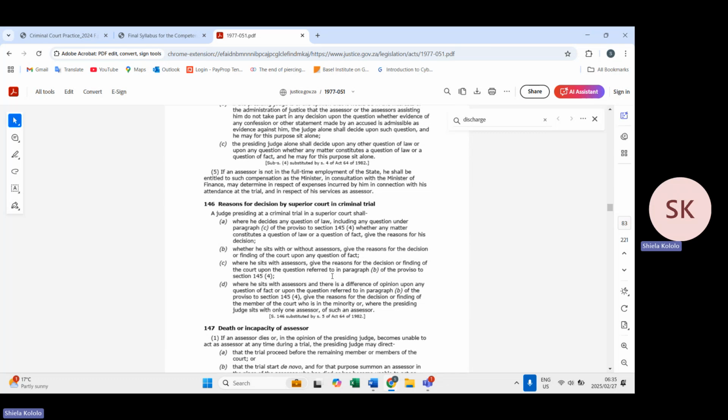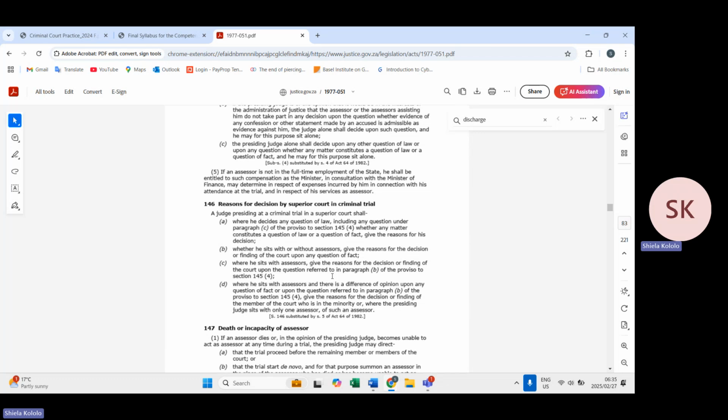This includes making decisions on questions of law, such as whether certain evidence can be admitted. When it comes to factual matters, the judge obviously has to work with the assessors to determine the verdict. But in some situations, the judge may elect to make the decisions alone because maybe he has worked in that industry for quite some time. He is well versed in that area of law and can make a determination.